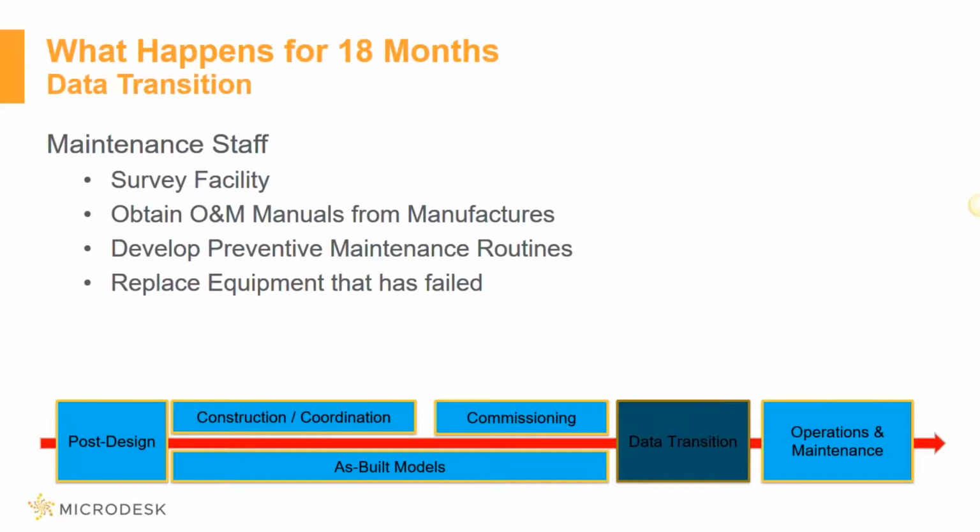And here's the critical one here. They're going to replace the equipment that has failed. Time and time again, I have talked to organizations where they are replacing equipment that is under warranty and or under an extended warranty.